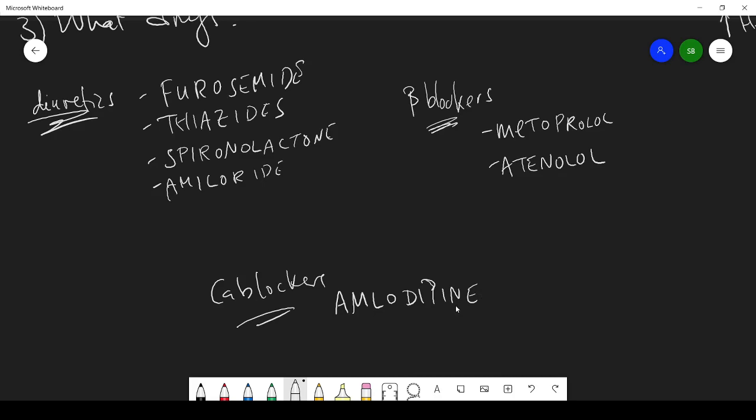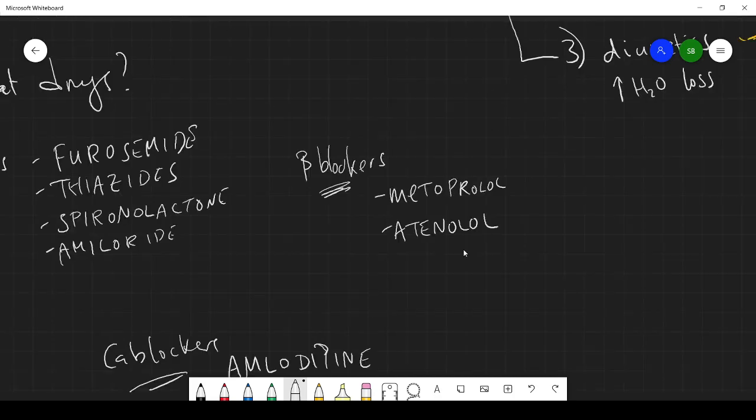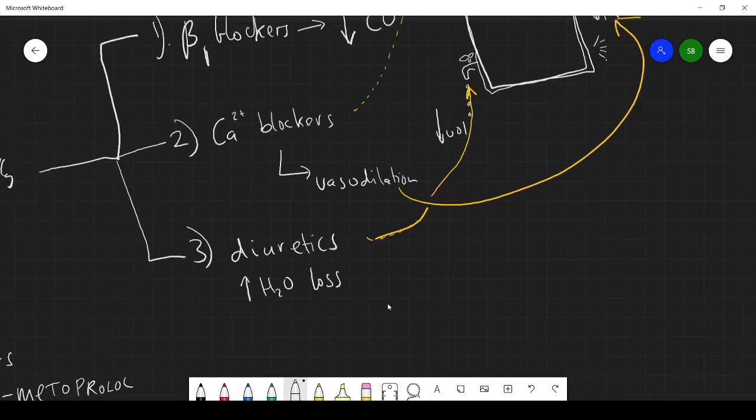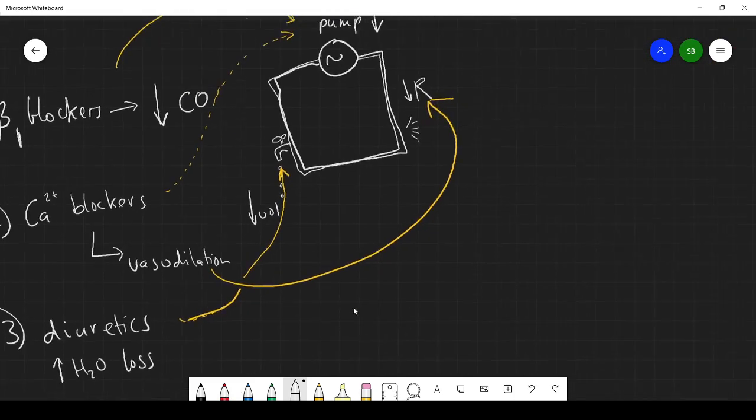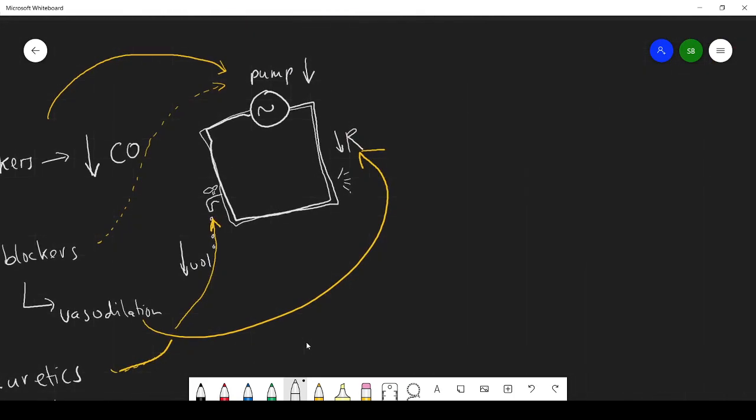So those are the main ones, and let's just complicate things ever so slightly because there are some other things you can do to bring about vasodilation. These include angiotensin converting enzyme inhibitors and angiotensin receptor blockers, ARBs.